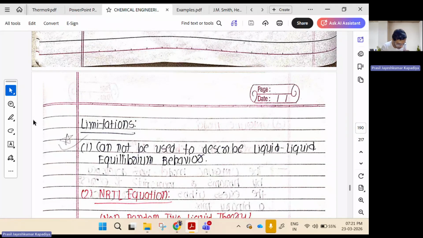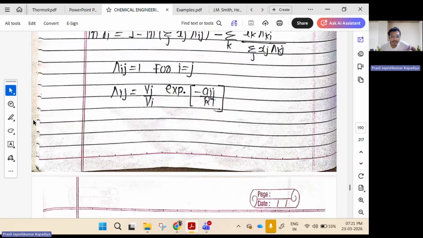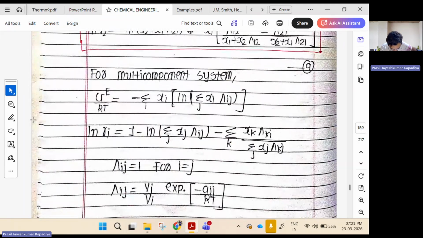When can we use the Wilson equation? The Wilson equation can be used for components that differ from each other in molecular size, where intermolecular interactions between like and unlike molecules are different. In that case, we can use the Wilson model, and it predicts the temperature dependence of gamma 1 and gamma 2.